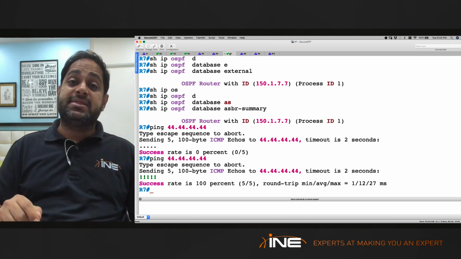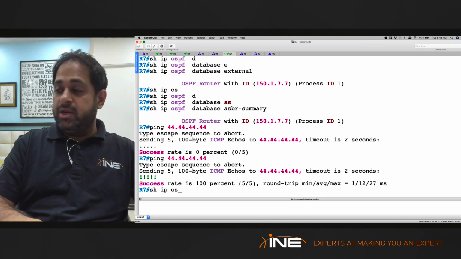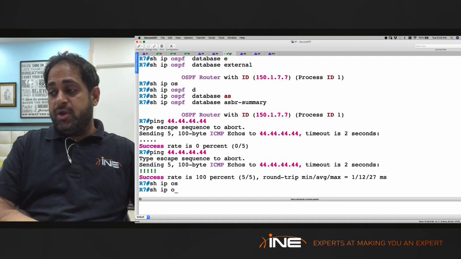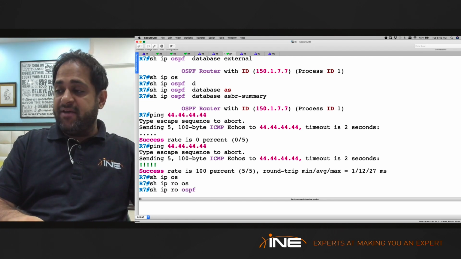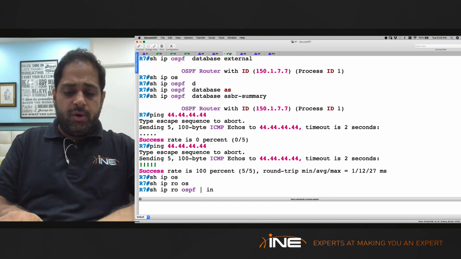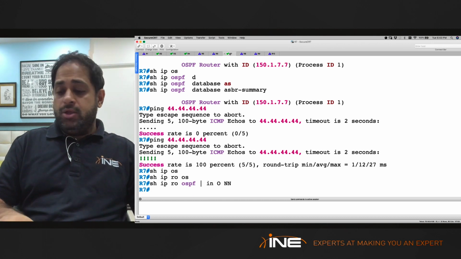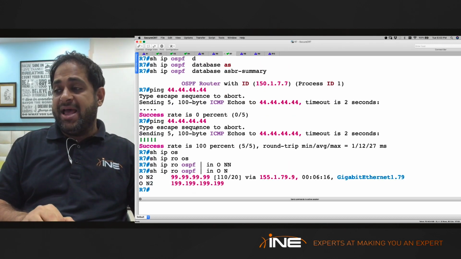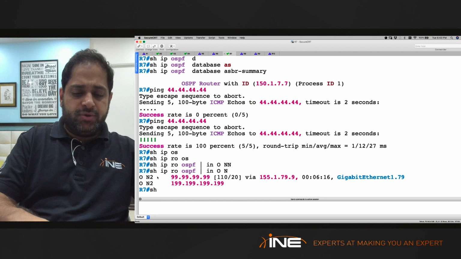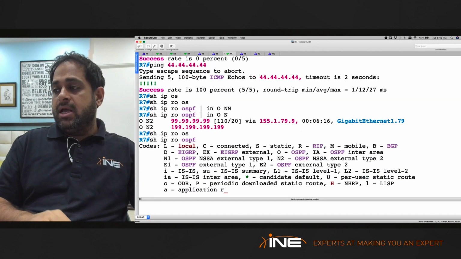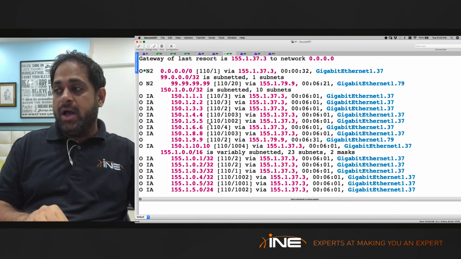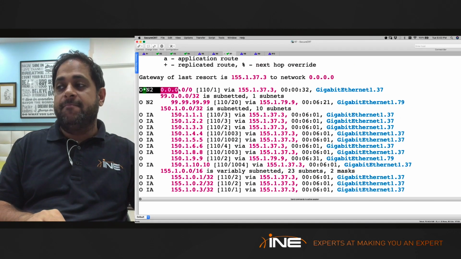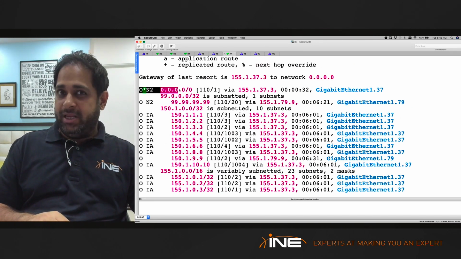It is a type 7. So let's do a show IP route OSPF, include O N. I should see a type 7 default route, which is here. So it's not a type 3.